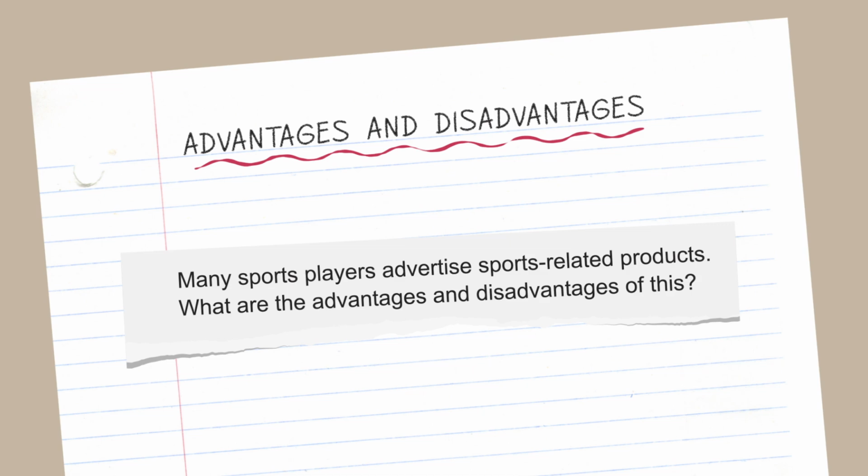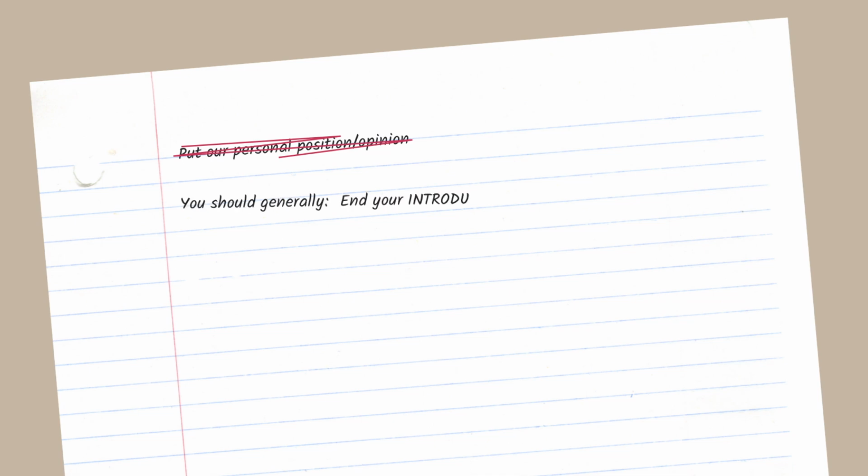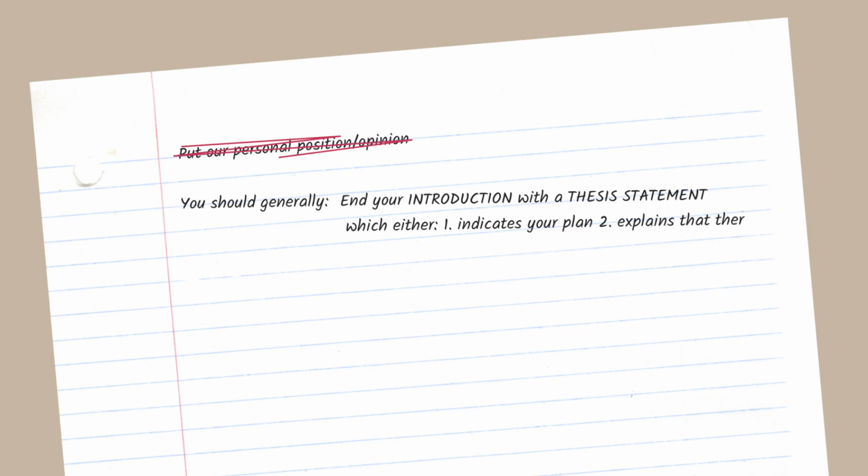All right, in writing advantage and disadvantage essays, we basically do not put our position or opinion about the question, all right? So our position is not needed, and you should generally end your introduction with a thesis statement, all right, which either indicates your plan and explains that there are differences between the two sides or views, all right?